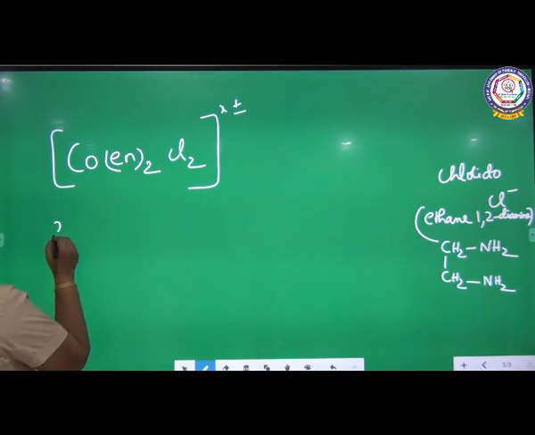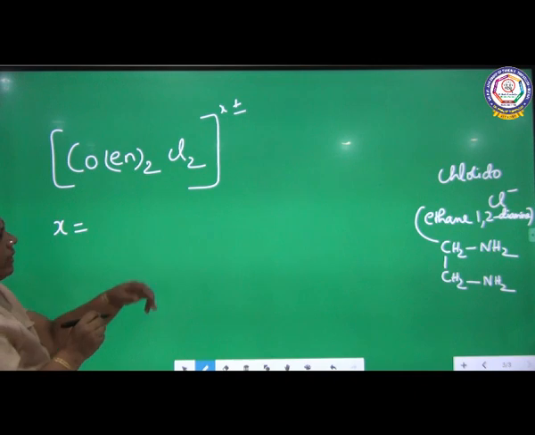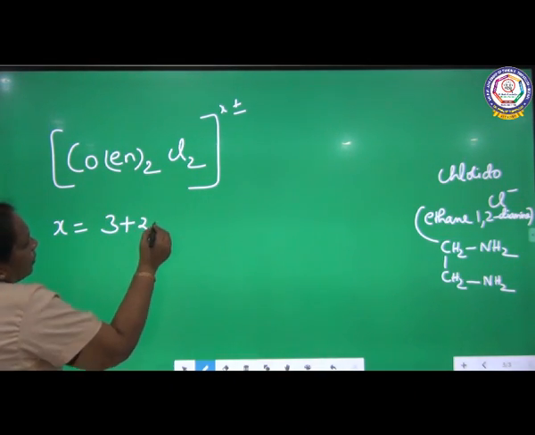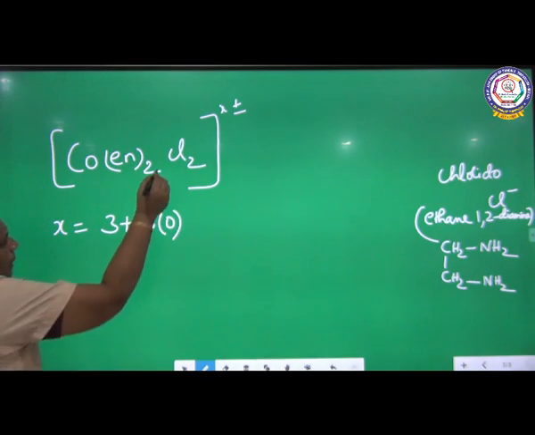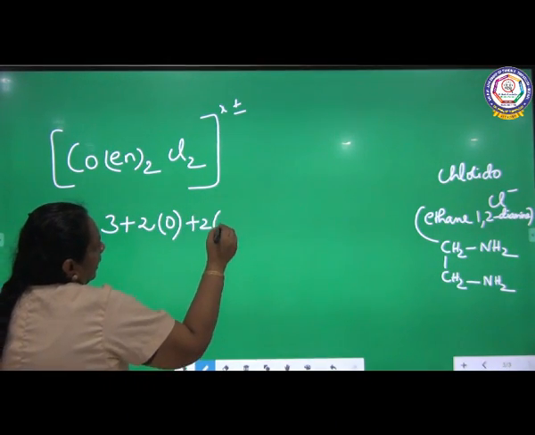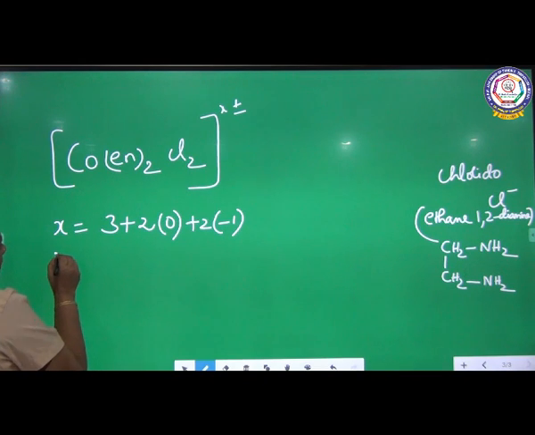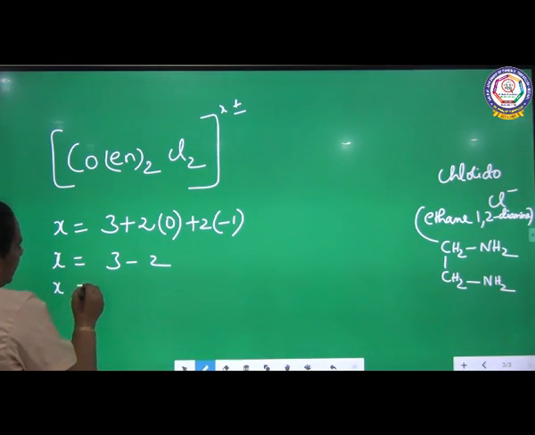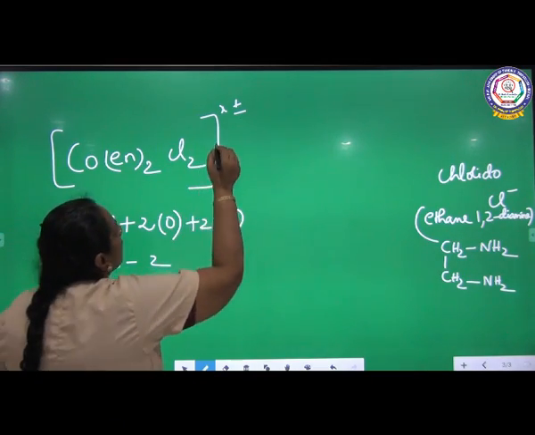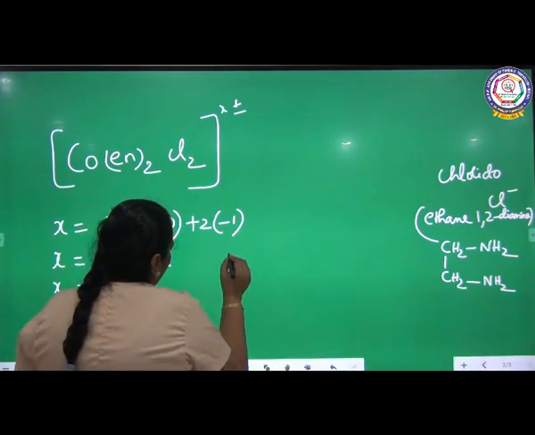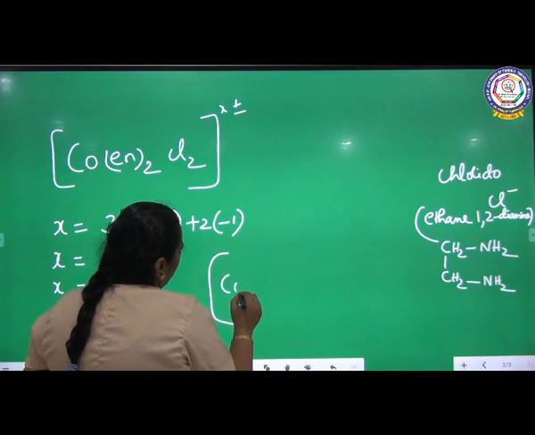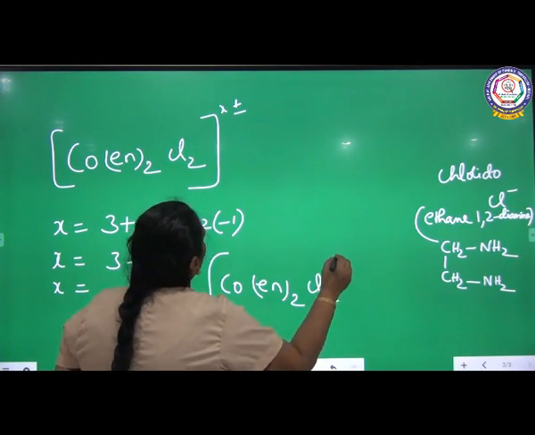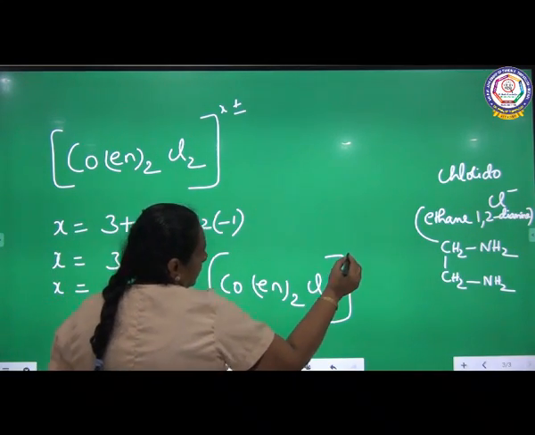So x is equal to cobalt, they have given the oxidation state 3 plus, plus 2 into ethylene diamine, which is a neutral ligand, so charge is 0, plus 2 into chlorine, which is a negative ligand, charge is minus 1. So x is equal to 3 minus 2, which is plus 1. So if you write the complex, [Co(en)2Cl2], it will have a positive charge.